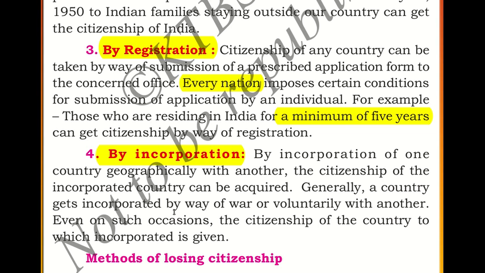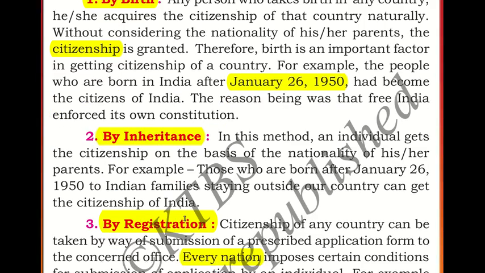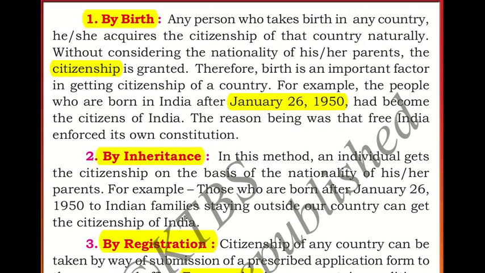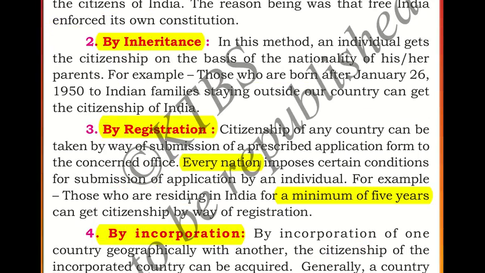On such occasions, the citizenship of the country to which it is incorporated is given. So to whichever nation the other nation is added to, that nation's citizenship is given. These are the 4 methods by which one can acquire citizenship of a nation.